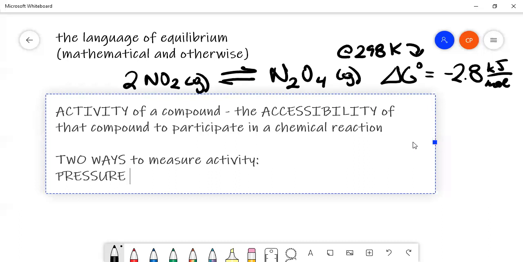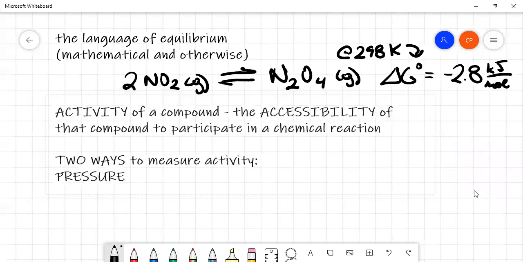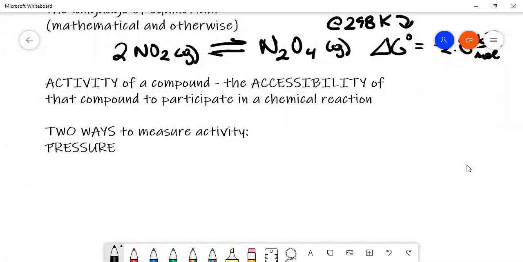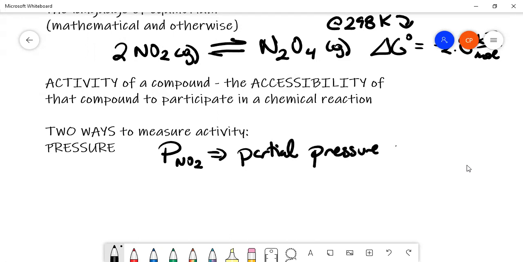The greater the partial pressure of a particular participant in this reaction, the more accessible that particular compound is. And I'll go ahead and use P subscript NO2, for example, to represent the partial pressure of NO2 in a container.